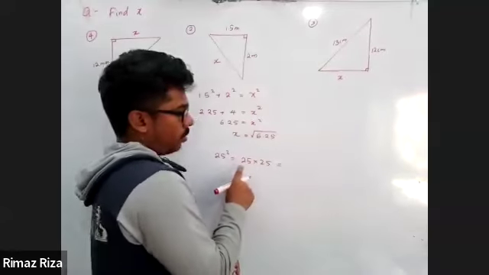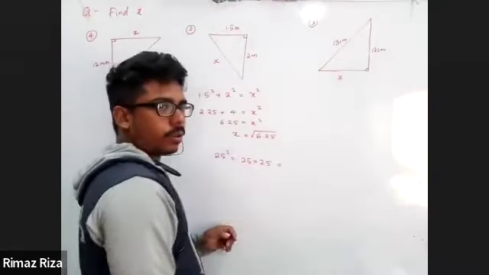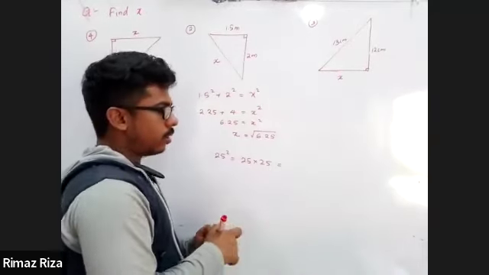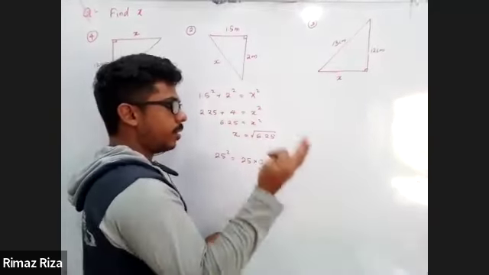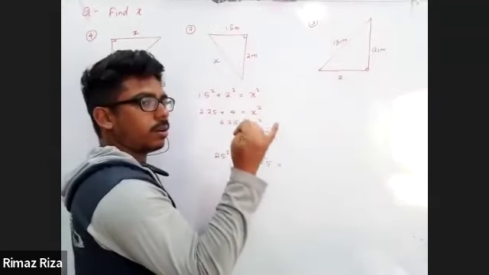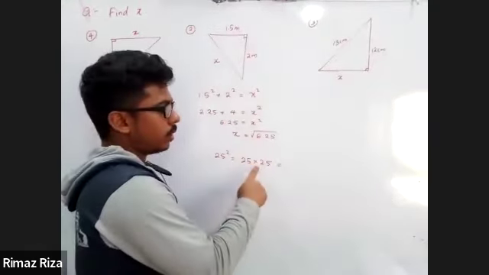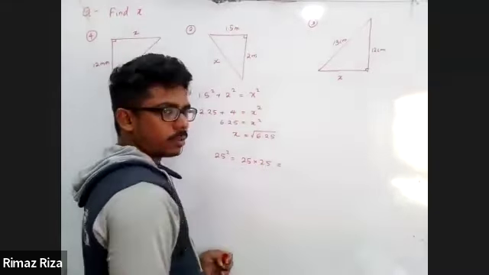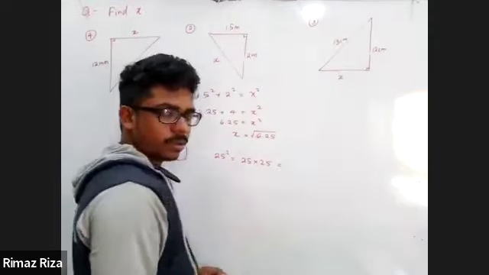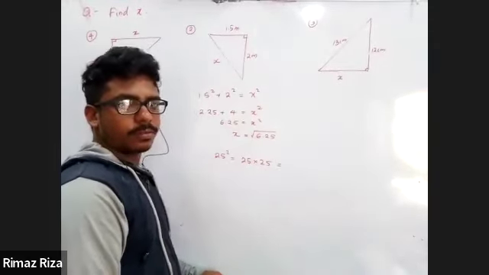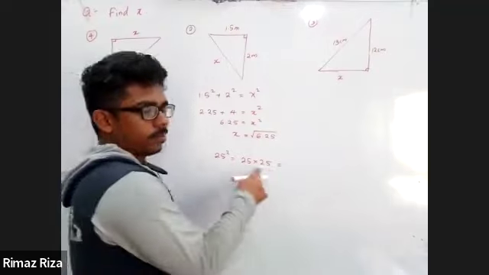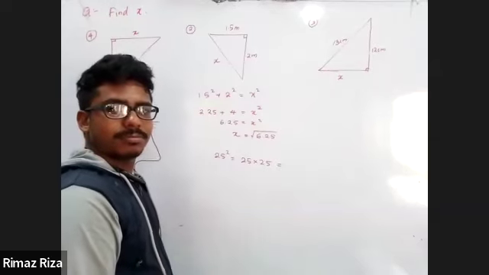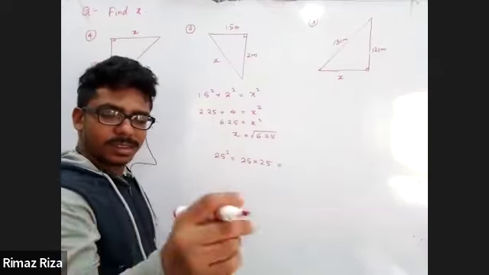So 25 into 25, how much? 25 into 2 only 50. So you have to take 25, 50, 75, 100. Likewise, you have to take 25 into 25, right? That is like 15 squared, which is 225. Multiply and see. You know the multiplication? Do the multiplication, right?